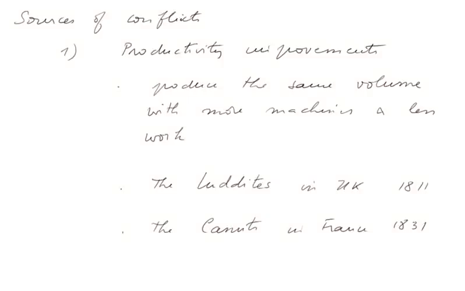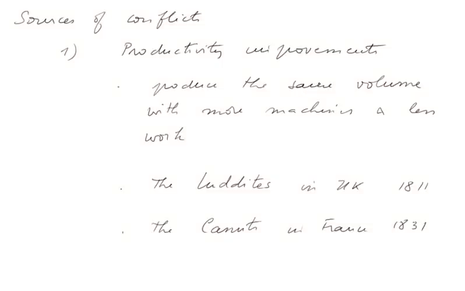Sources of conflicts. The first one is precisely the productivity improvements. When the managers working for the owners try to produce the same volume with more machines and less work, and usually that's less costly than to work with machines, well, that creates a conflict.